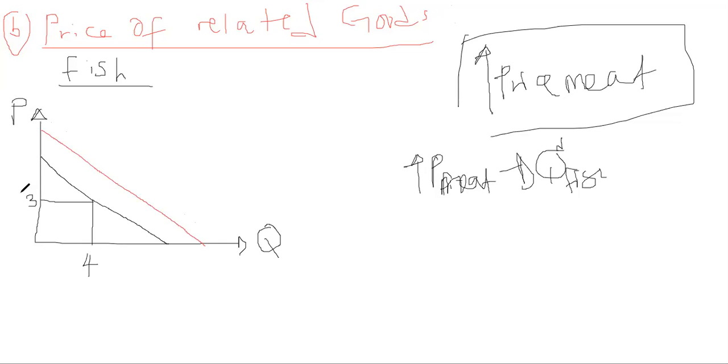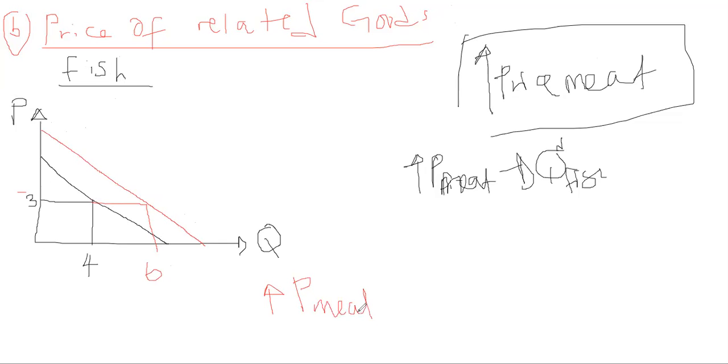So at the price of 3, which is constant, the quantity demanded of fish will increase from 4, let's say, to 6.